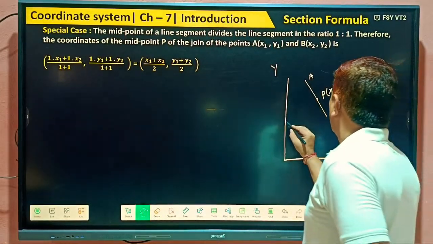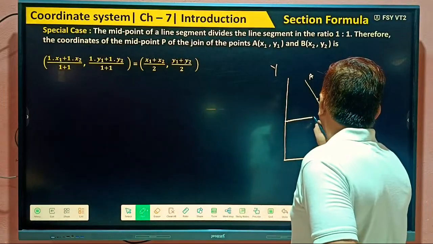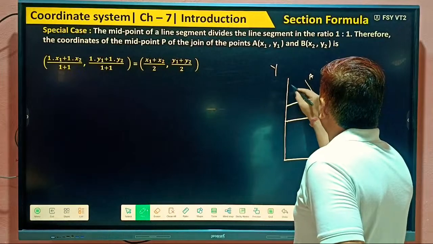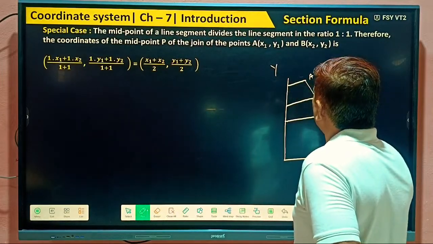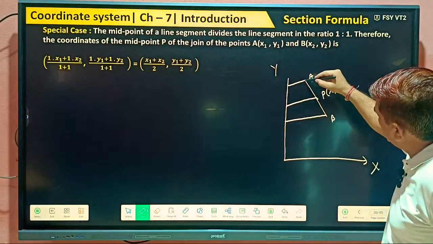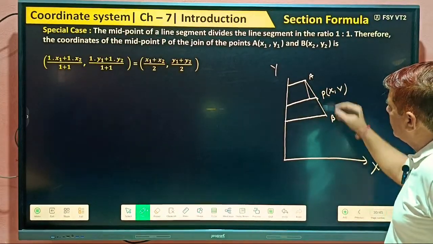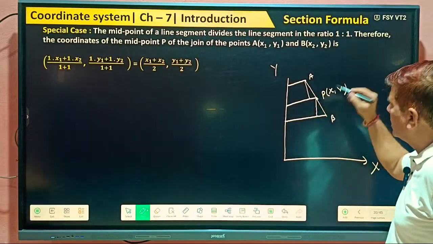So draw this perpendicular, and this perpendicular, and from A to P, and from this to this.